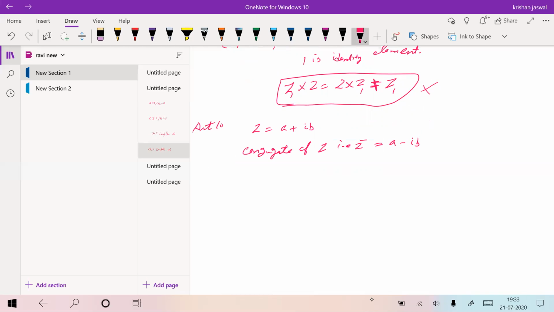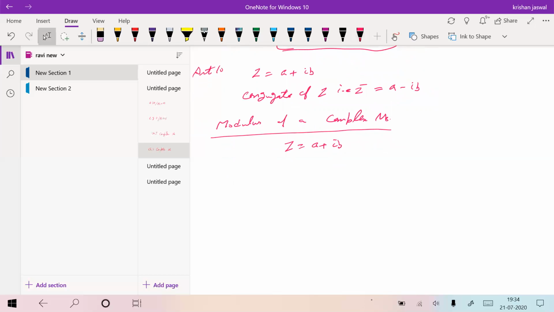Modulus of a complex number. If we have Z equal to A plus iota B, any complex number, then the modulus of Z, represented by this symbol, is equal to the square root of A square plus B square.